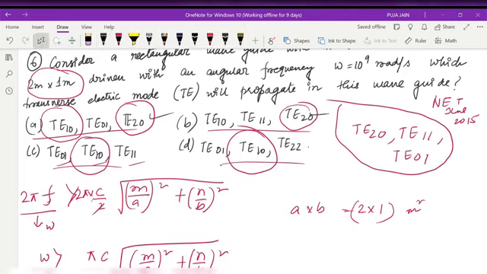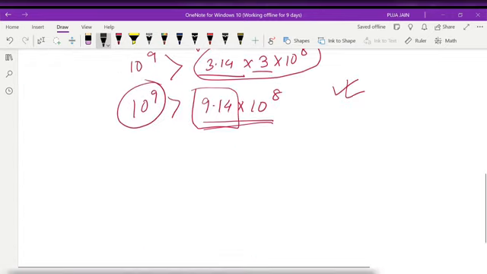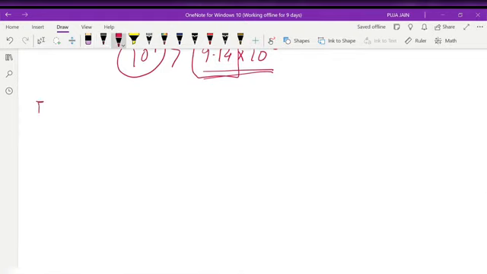Now to eliminate, we have to see those terms which are not common. C and D both have TE10, but A and B do not have TE10. So if we find that TE10 is not applicable, that the value of omega is not greater, then we can simply eliminate these two options. So find TE10 now. For this, omega must be greater than pi c root of (1 by 2) square plus 0.